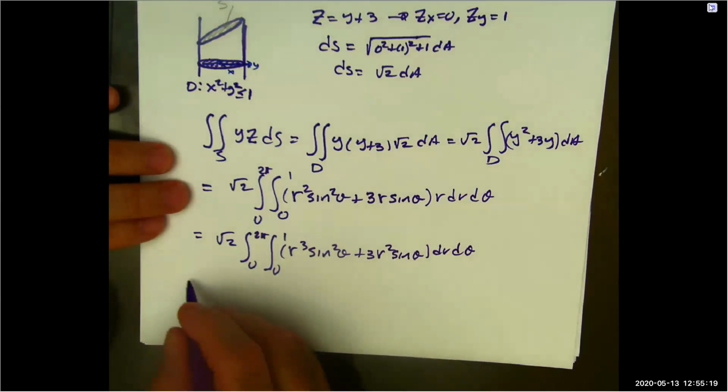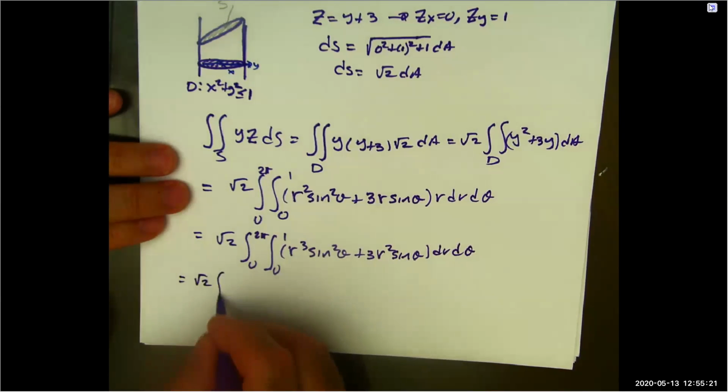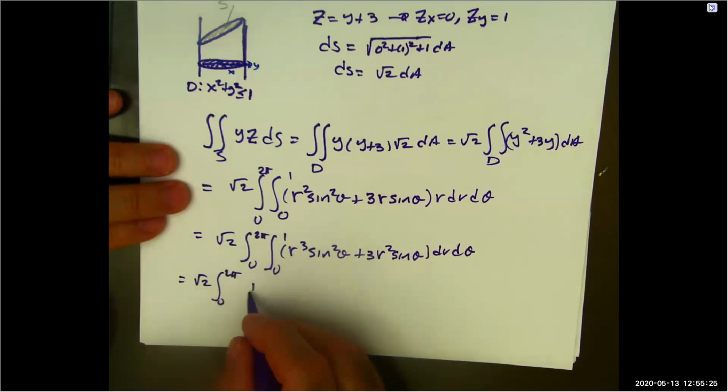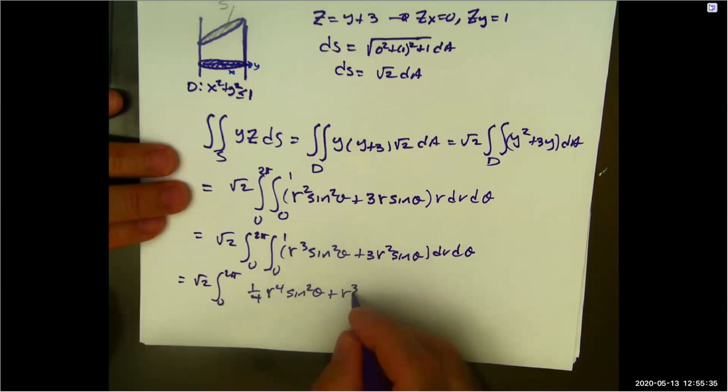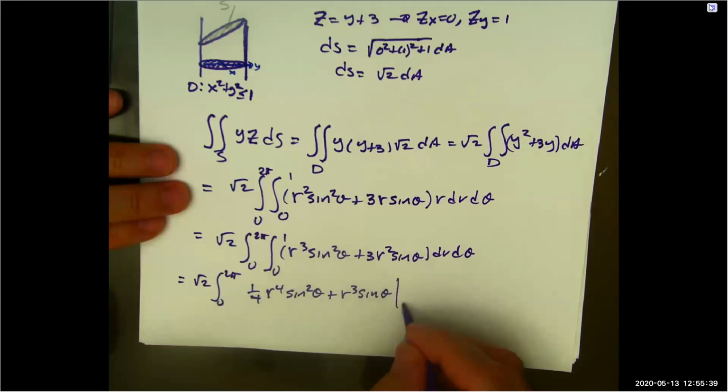So we're going to have root 2, 0 to 2 pi. Here we're going to have 1/4 r to the fourth sine squared theta, and this is going to be r cubed sine theta. And then we're going from 0 to 1.